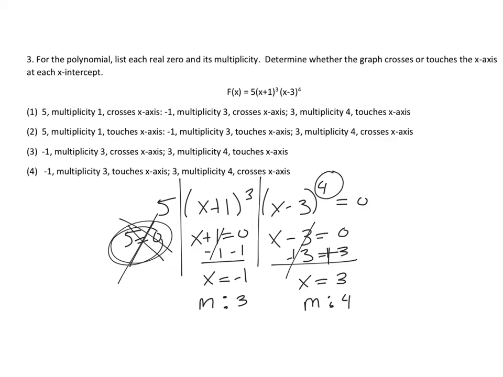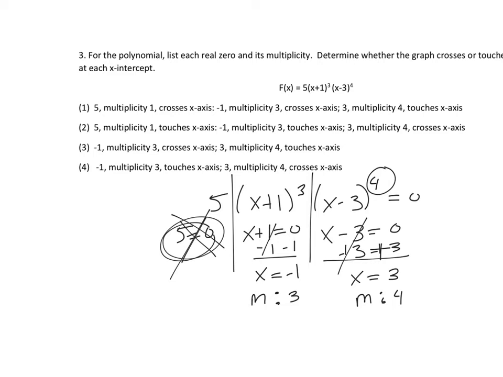So looking at my choices, I can cross off choices 1 and 2 because we already decided that there's no 5 in your answer. It does not exist. You can't have 5 equals 0. Now I'm down to negative 1 multiplicity of 3, crossing or touching. So the only difference between these two is if it crosses or touches. Now if you remember, I told you even touches, odd crosses.